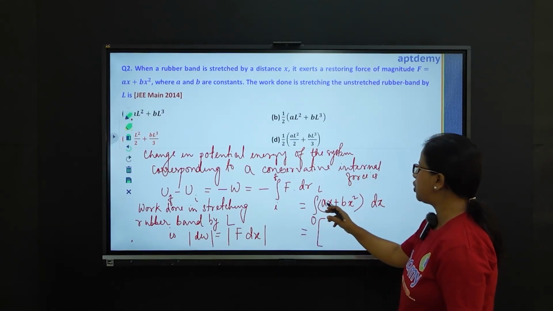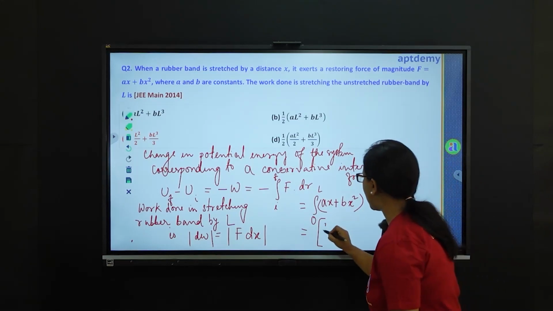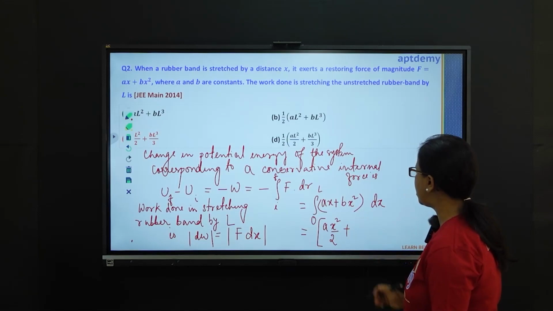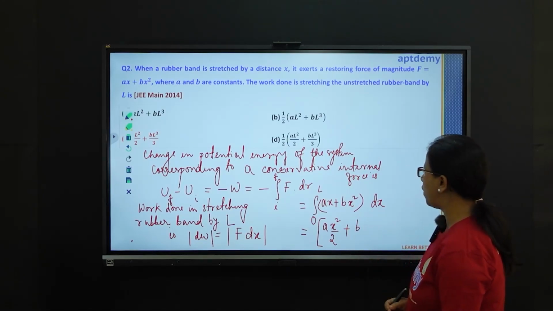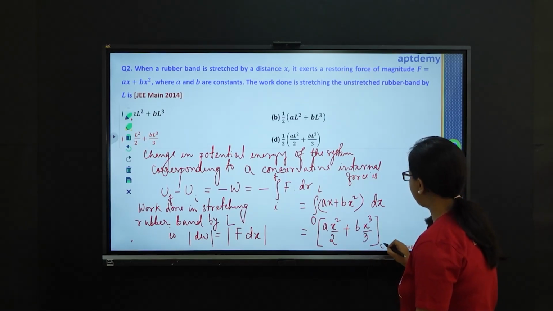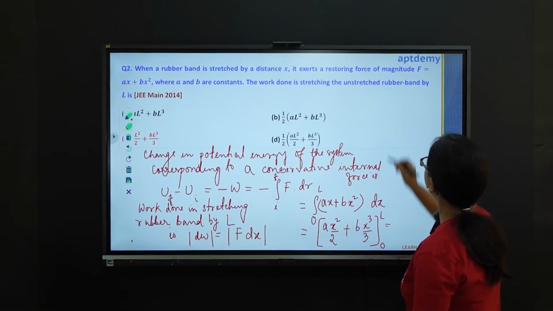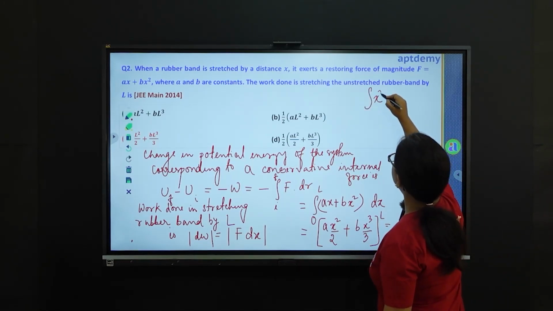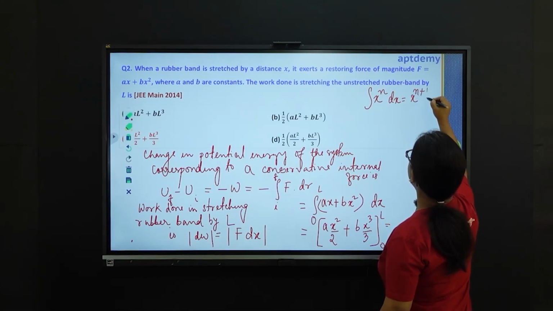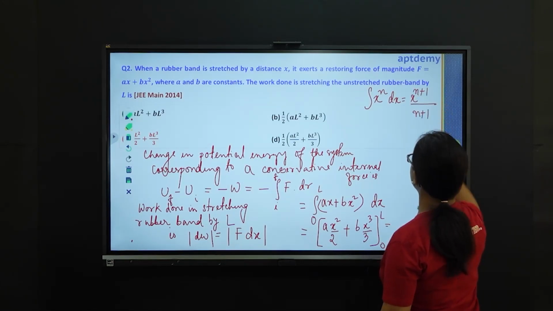We have the integral of ax dx, so that's ax square by 2, plus, for the second term, the integral of bx square dx, so it's bx cube by 3. In both of these cases, we have used the formula that the integral of x to the power n dx is equal to x to the power n plus 1 by n plus 1.